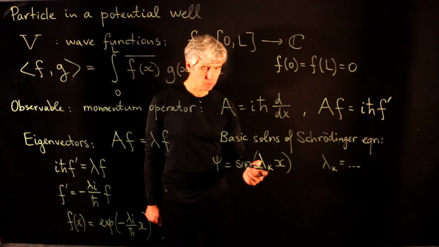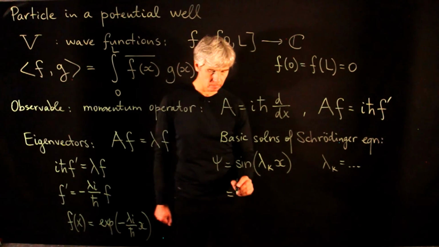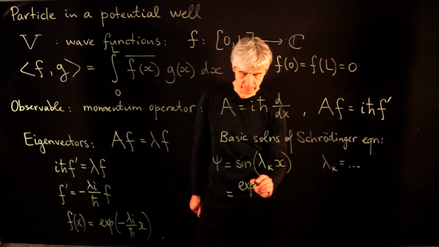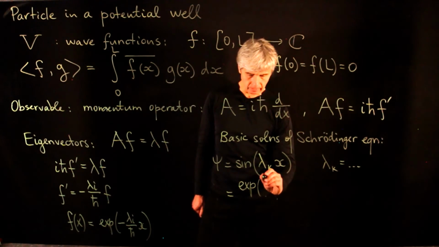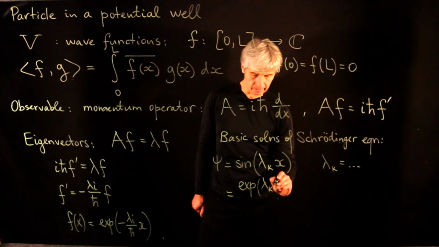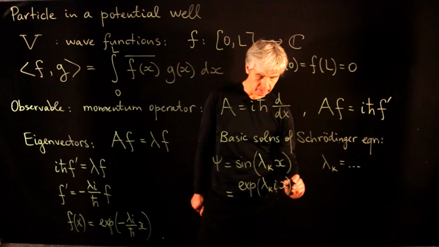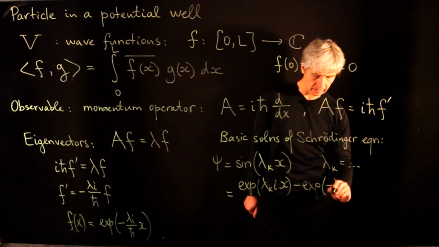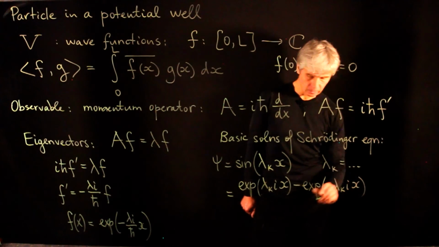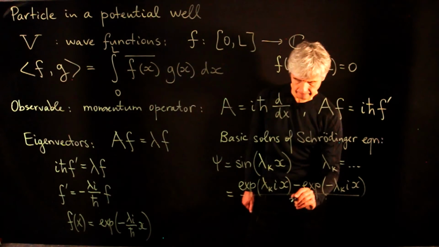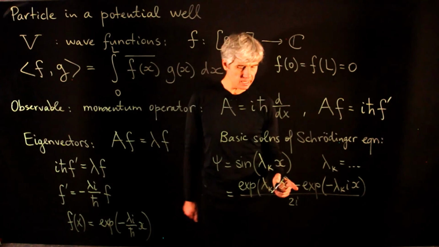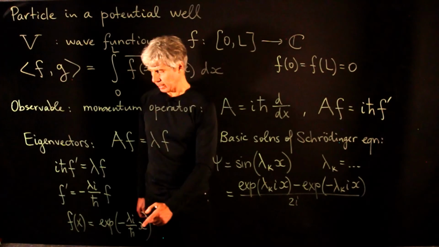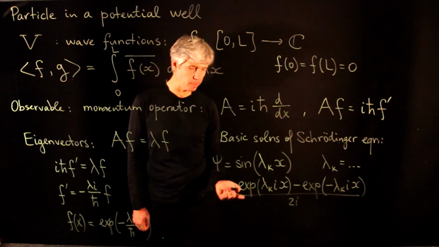And so this function, a sine function, can be written as (exponential of i lambda_k x minus exponential of minus i lambda_k x) over 2i. Right? So what we see is that this function is the sum of two eigenfunctions for the momentum operator.